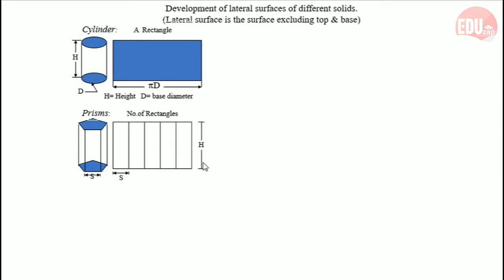If it is a square prism, it will have 4 lateral faces. Here it is a pentagonal prism of base edge S and height H. Then we need a rectangle of size 5S and H for constructing the lateral surface of the prism.